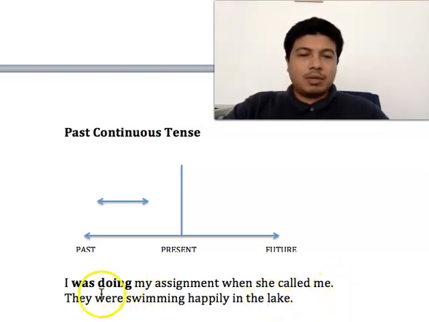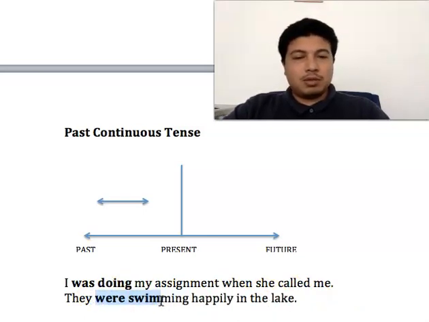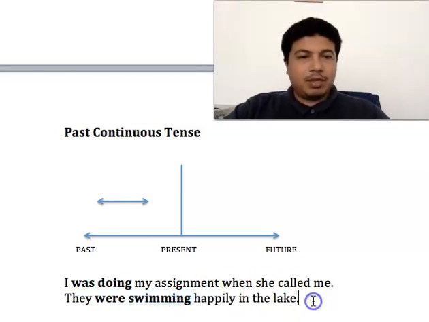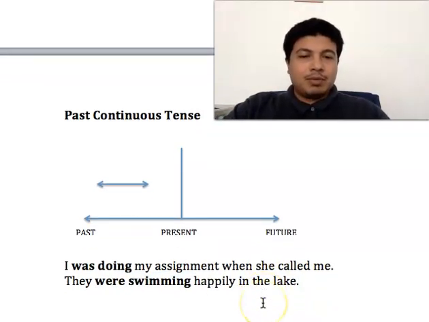So you are talking about something that happened in the past and you are referring to these people. They were in the process of swimming happily in the lake. So was or were plus ing. So that is for past continuous tense.